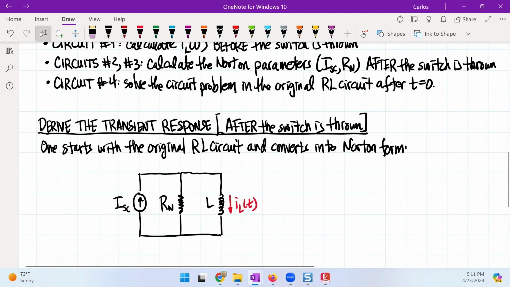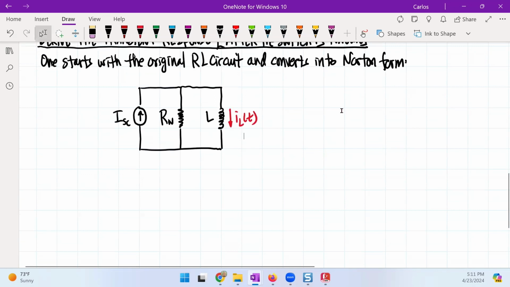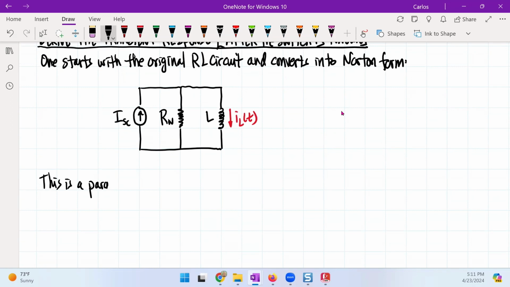So when I look at this circuit, we can clearly see that all of these elements are in parallel. So this is a parallel circuit that requires two observations, for lack of a better word.